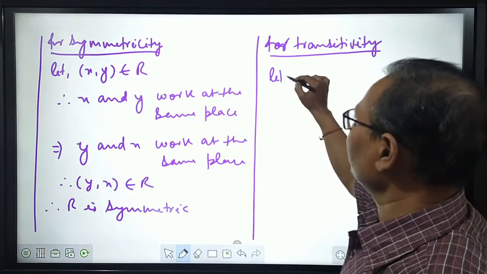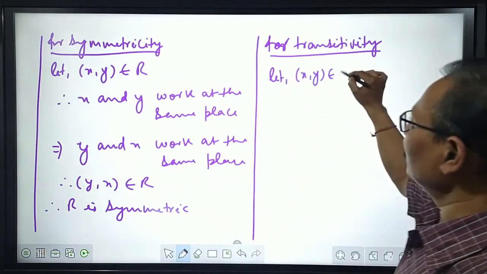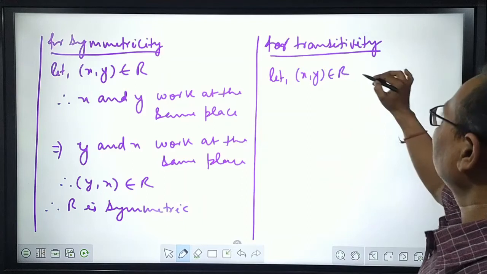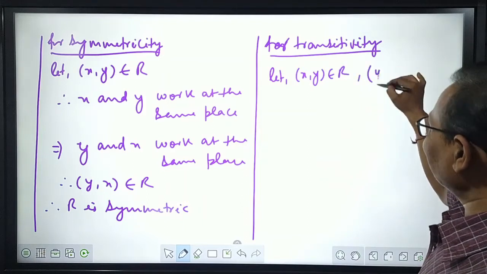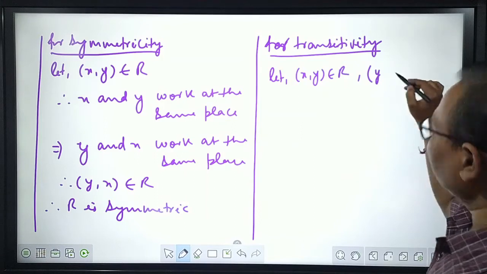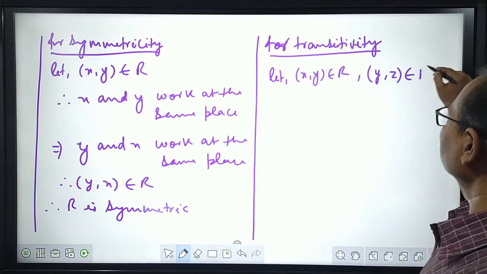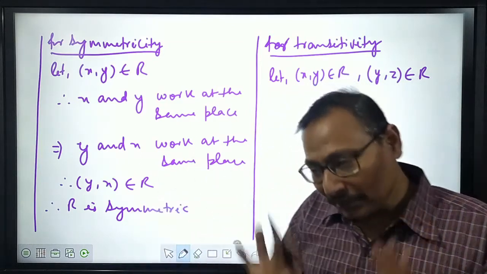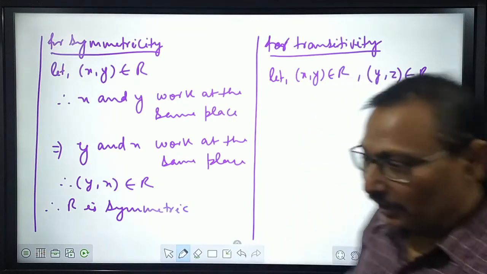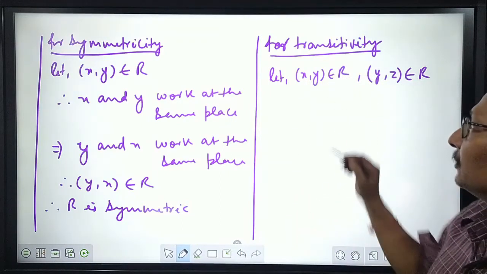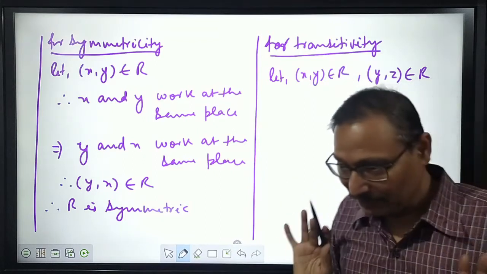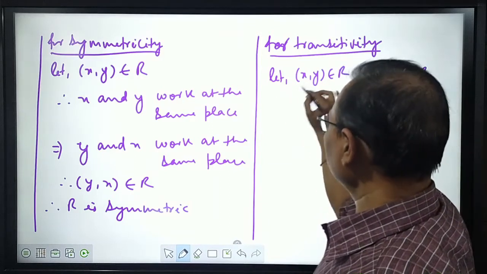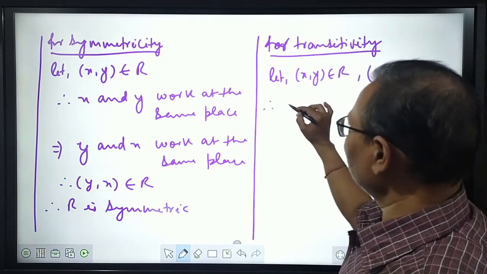Let x comma y belong to R. This is the first one we have supposed, and the second element is written as the first element: y comma z belongs to R. These two pairs have been taken, and only after that are we to check transitivity, and in the process we are to show that x comma z are related.